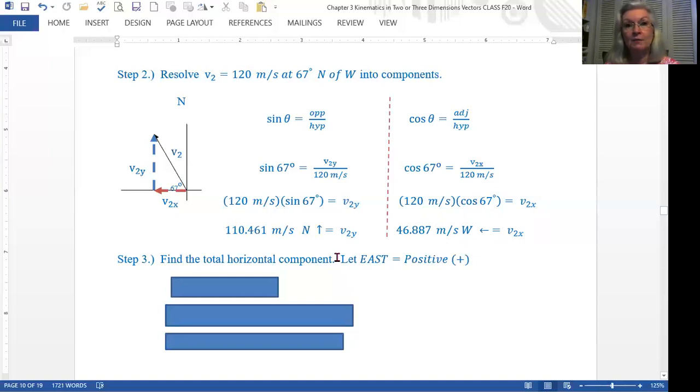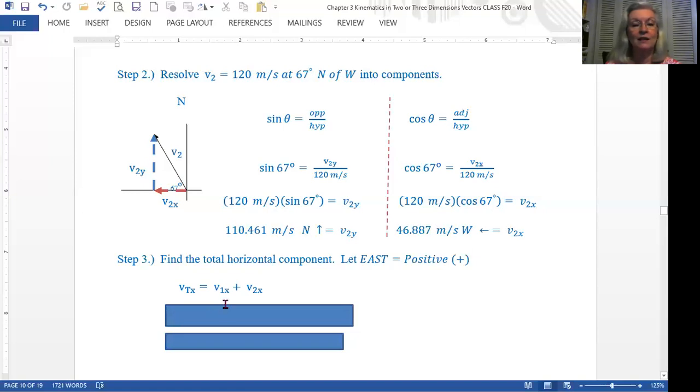Most people pick east to be positive, but if you have an east and a west, sometimes people will pick whichever direction has the bigger number. But I made east the positive direction. So we know that V total x is equal to V1x plus V2x. And again, the t and the x and the 1 and the x and the 2 and the x are subscripts. They come smaller and below the line.